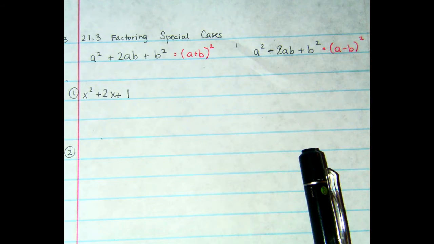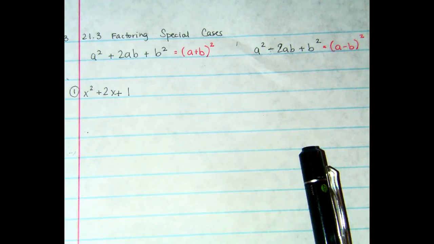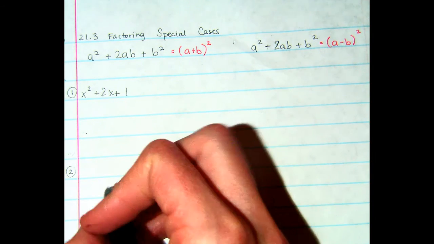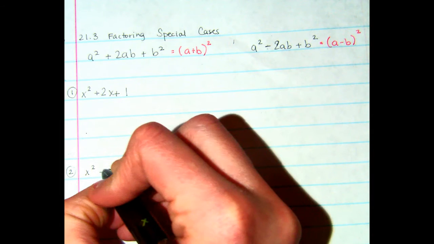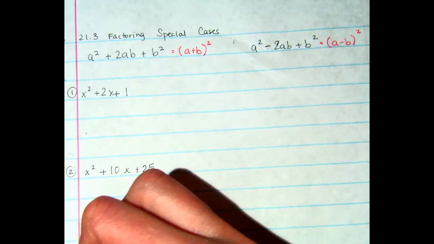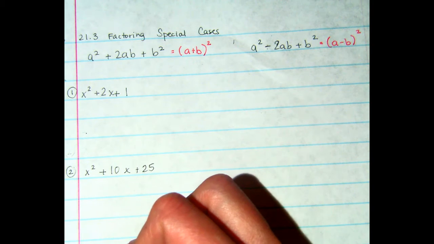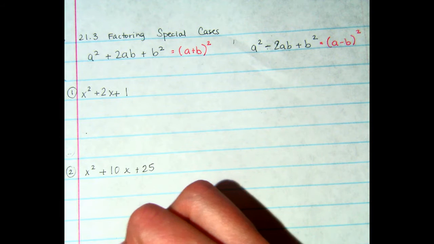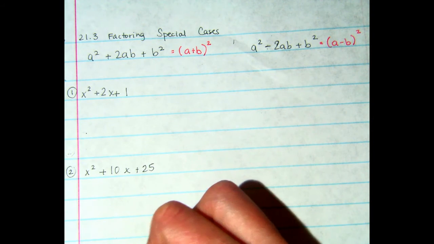Let's skip more than 2 lines. Number 2, x squared, I think we've done this one, plus 10x plus 25. And number 3, x squared plus 8x plus 16.